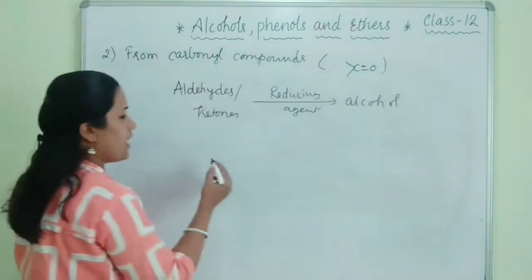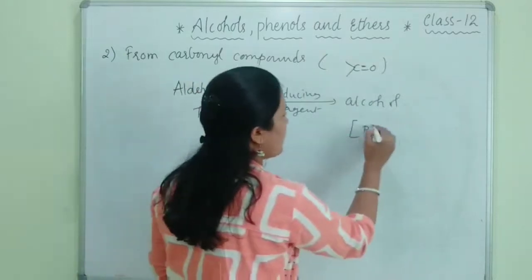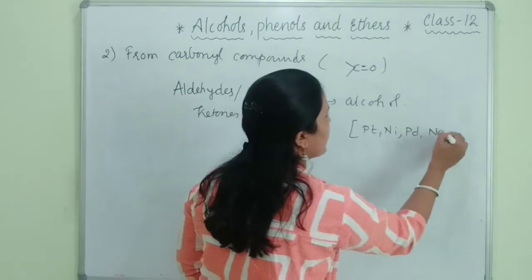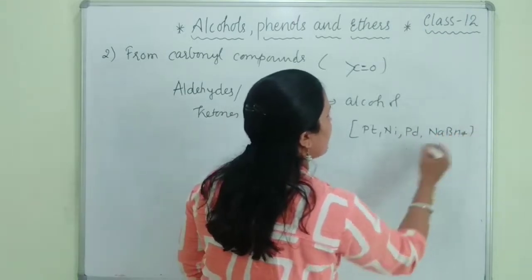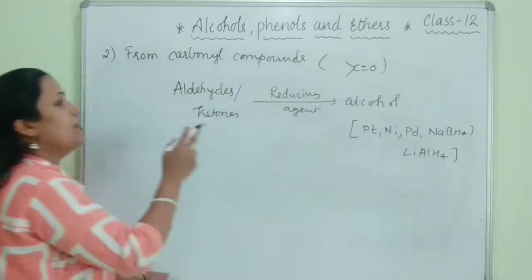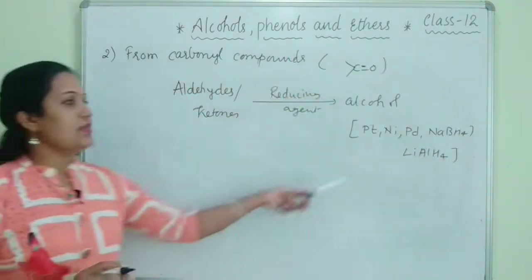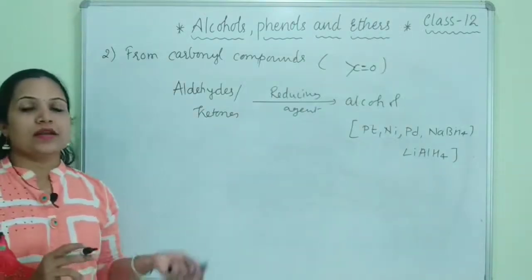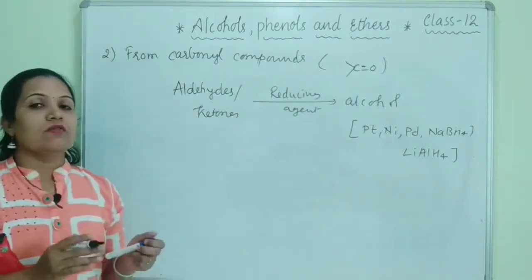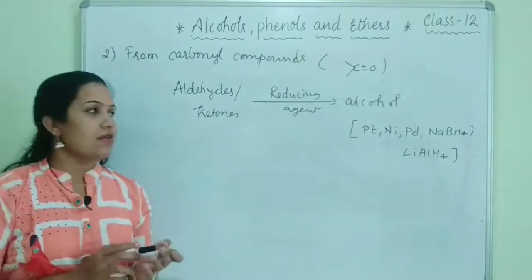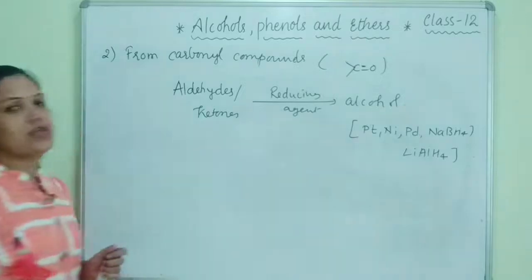I will give you a few examples. Examples are platinum, nickel, palladium, and then NaBH4, or we can say LiAlH4. These are all reducing agents, and lithium aluminum hydride is one of the very expensive reducing agents. That's why we use that for some specific reactions. Otherwise we can use all these reducing agents.